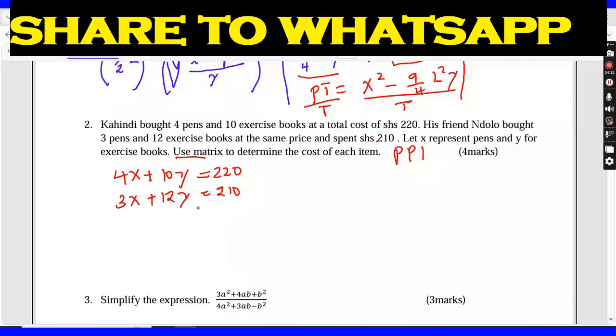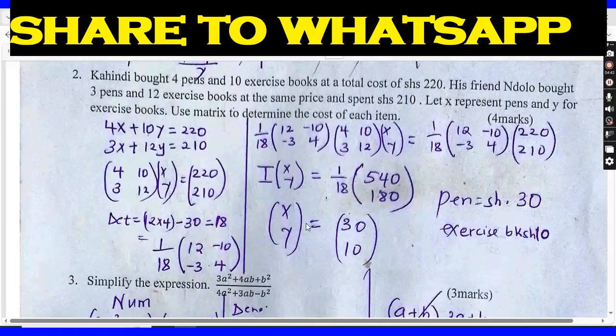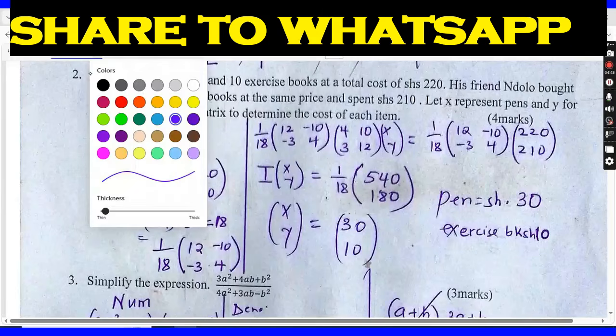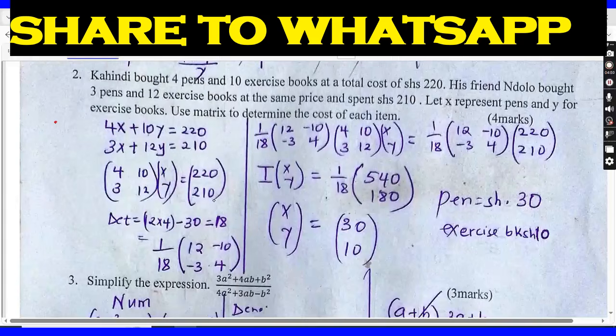Now you use matrix. First write this simultaneous equation in matrix form. So now you write them in a matrix form. You pick the numbers the way they are.